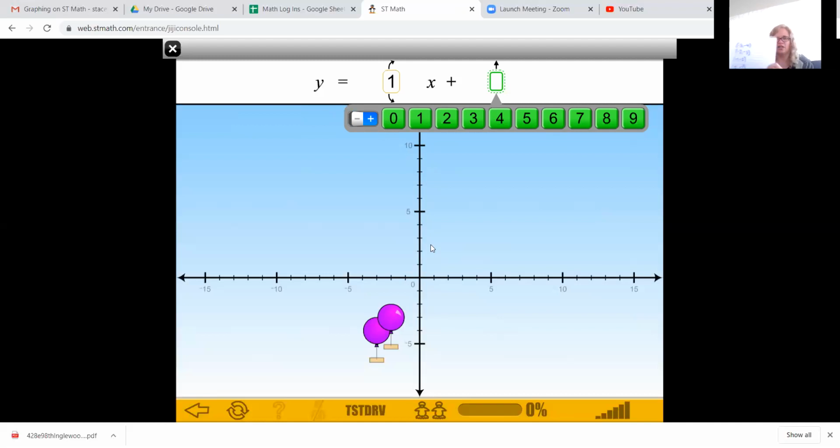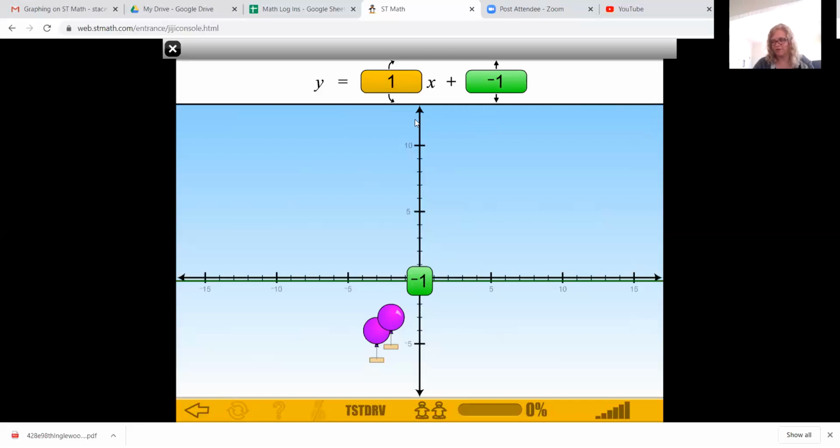So take a look at how I just continued those points. Let me get it lined up for you. I continued the pattern, and then I could see that 0 and -1 will be a point on this line. So the y-intercept is going to be -1. So I'll switch this to negative, put in a 1.